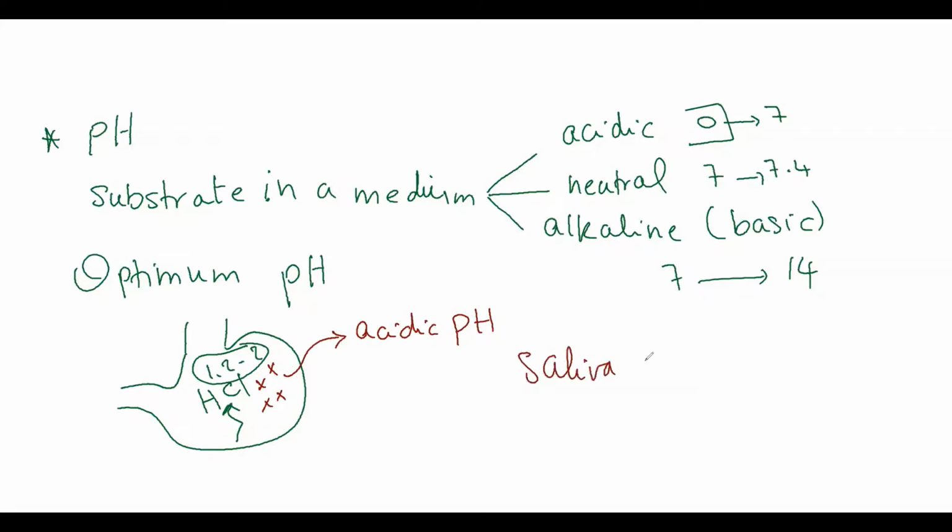Saliva contains the enzyme amylase that works on starch. The pH of saliva is around 7.4. Is it alkaline, neutral, or acidic? It is neutral. Excellent. So the amylase will work in a neutral medium.